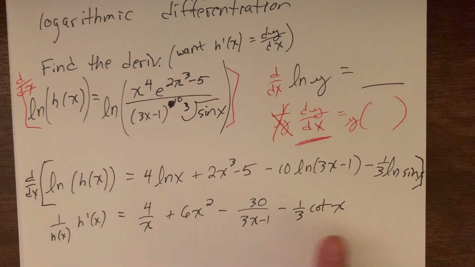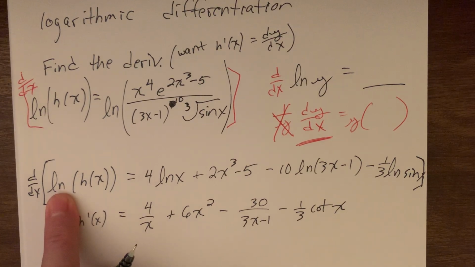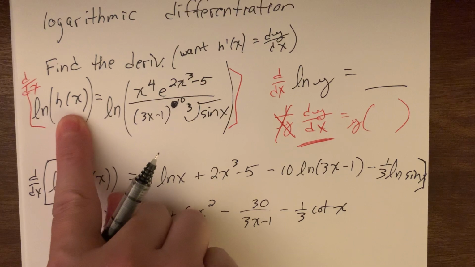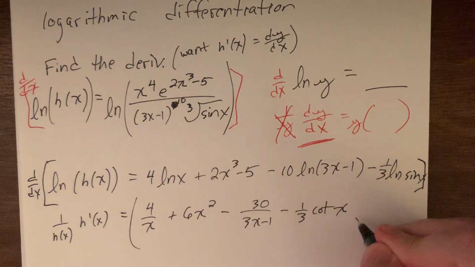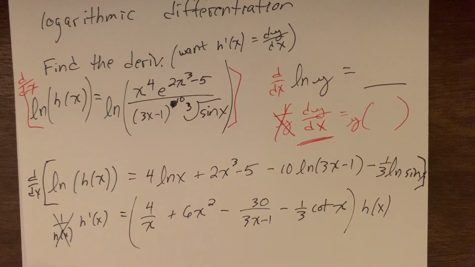And it feels like you've got a good answer, but again, when you have this extra piece, when you don't have exactly y equals or f equals, well, then you got to make sure you solve for the derivative at the end. So solving for h prime, I got to multiply both sides by the original h.